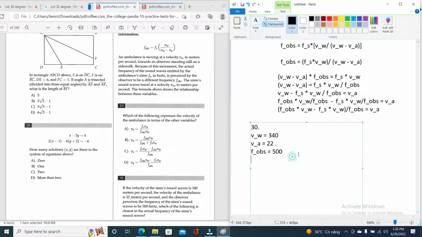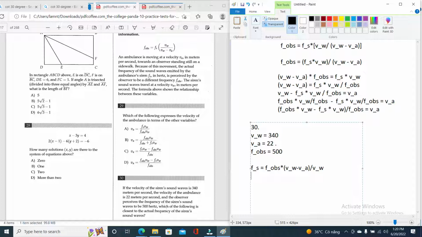So FS is going to be equal to F observed times VW minus VA over VW. Because you can deduce this from the equation above, which is easy.